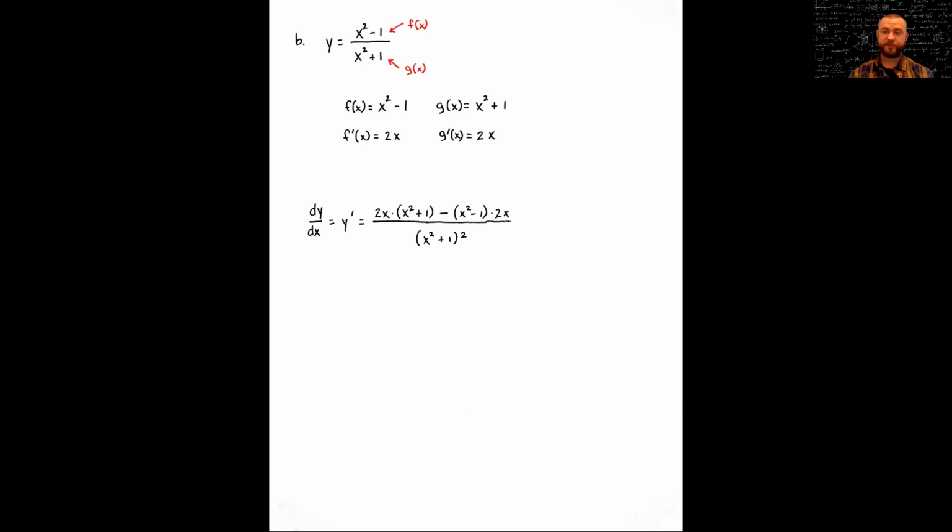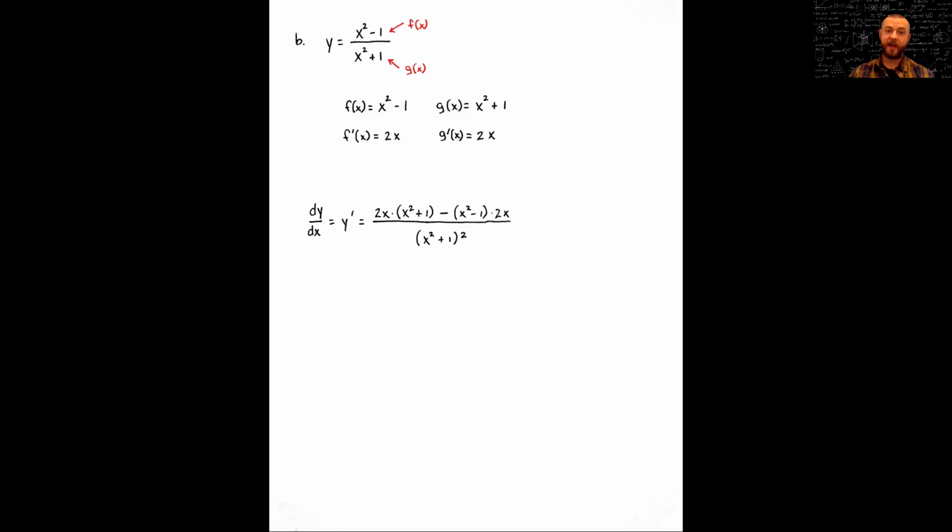Okay, now this end result could be simplified in several possible ways. You could just brute force distribute, expand through the parentheses, and then combine like terms that way. Once the problems start to get more complicated and look a little messier, there's a great technique to simplify this very quickly.